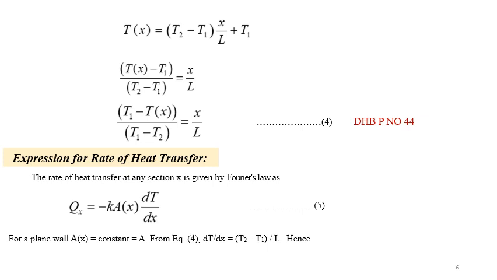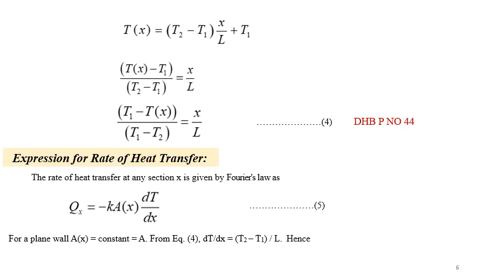So we know that for a plane wall, A of x is constant, which is equal to A. From this equation, we know that dt by dx is nothing but (T2 minus T1) divided by L, isn't it?